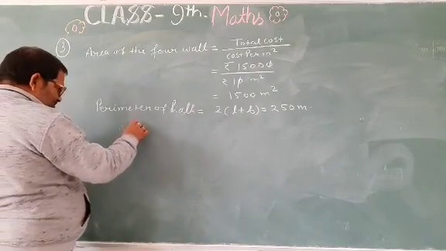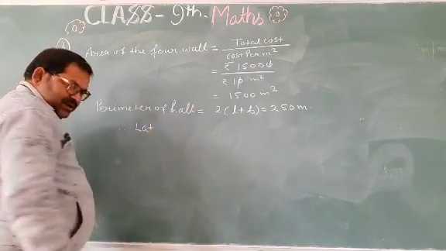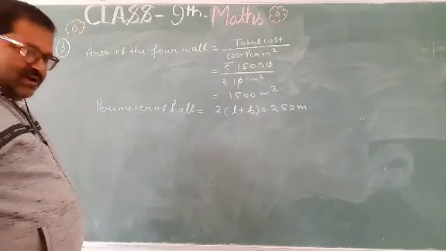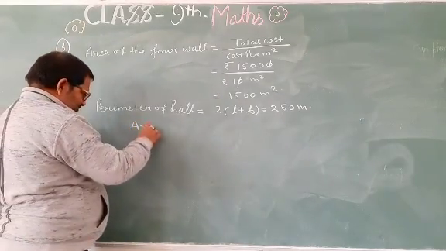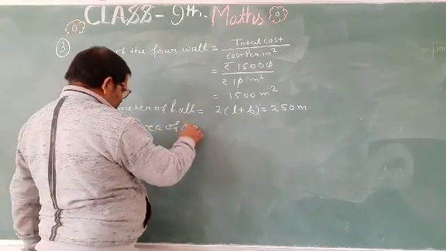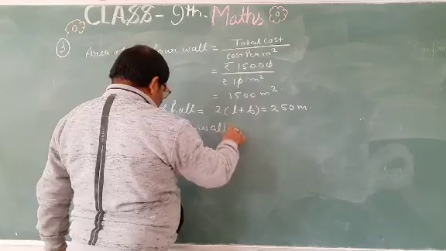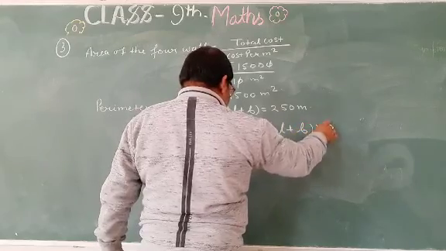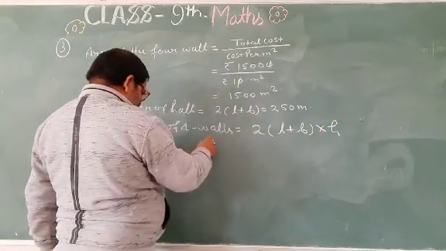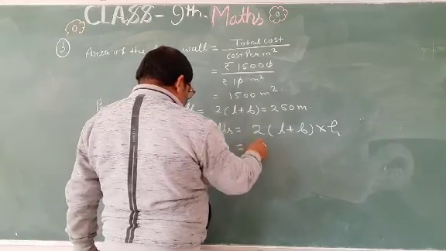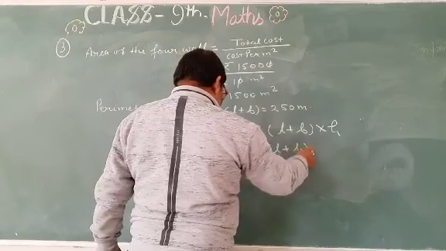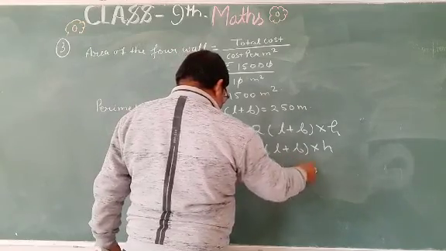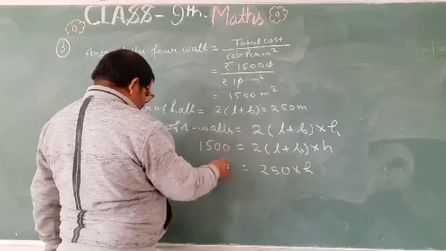Therefore the lateral surface area, or area of four walls, equals 2(L plus B) into H, and 1500 equals 2(L plus B) into H, so 250 into H equals 1500.